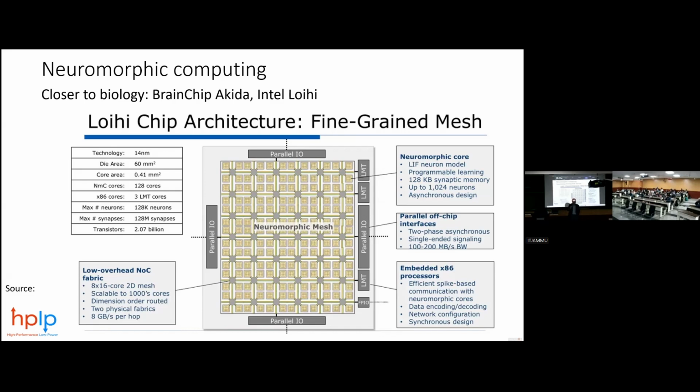You are transmitting a digital packet, like a network packet with headers and whatever, in which you say there is a pulse at this time that happened at this neuron, and then you transmit it to all the neurons. So it's really just an emulation. Other questions, by the way?